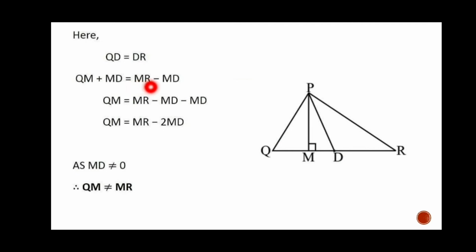Now if we take this MD to the other side, it will become minus. So QM will be equal to MR minus 2MD. This minus MD and minus MD will become minus 2MD. So here it is clearly visible that QM is not equal to MR because MD definitely has some measure. It cannot be 0. So we cannot say that QM is equal to MR. So QM is not equal to MR.